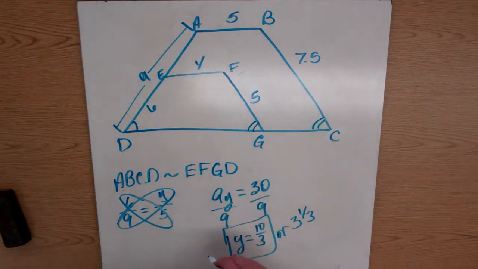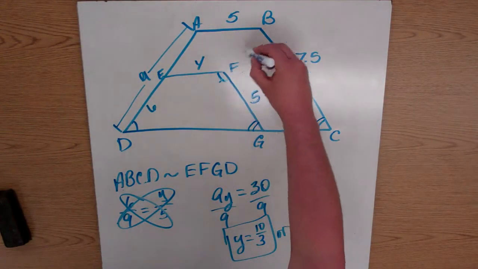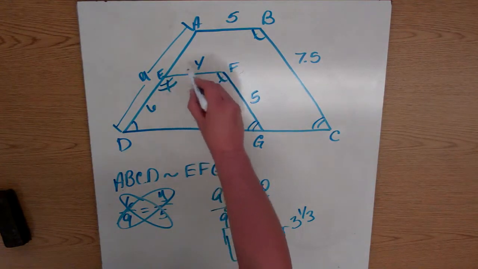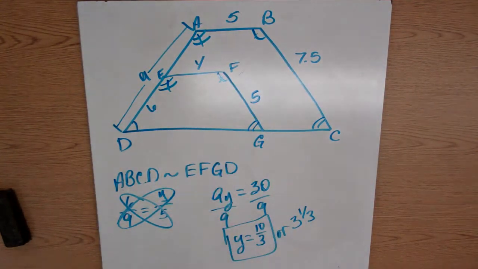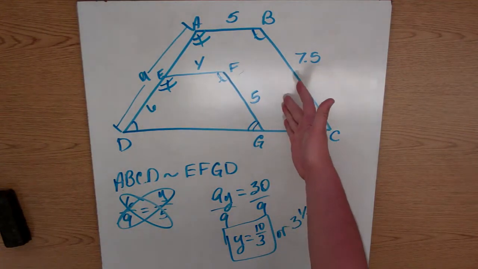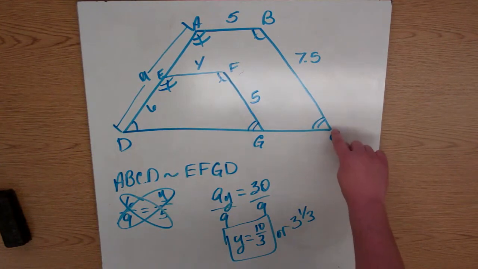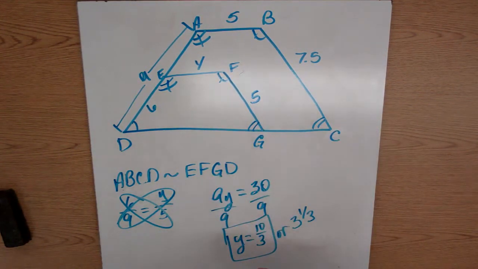Angle G would have to be congruent to C. Angle F would have to be congruent to angle B. And angle E would have to be congruent to angle A. So we have the same shape. We just took Photoshop and grabbed the little handle here and shrunk it down proportionally. So it's the same shape, just smaller.